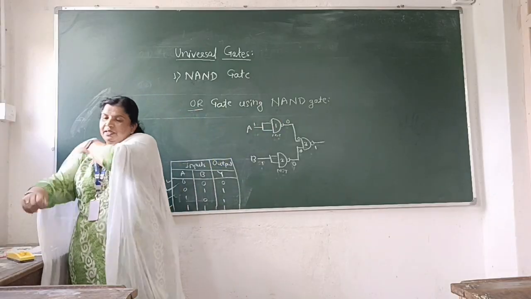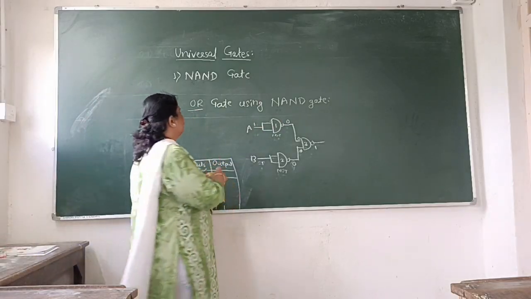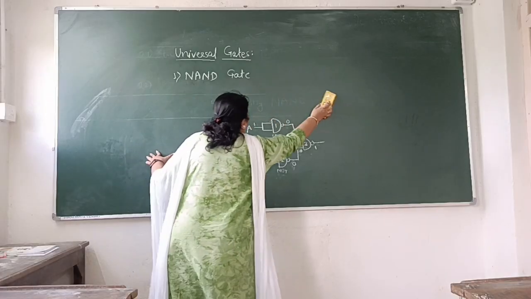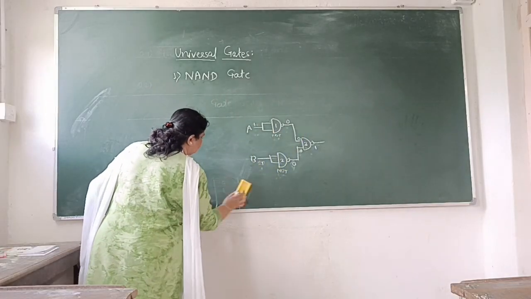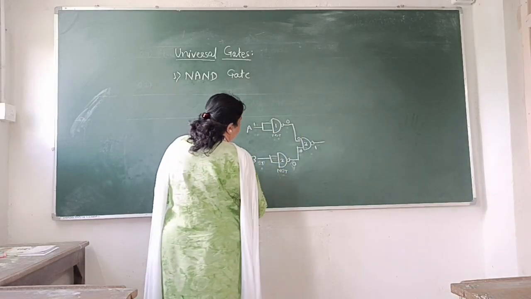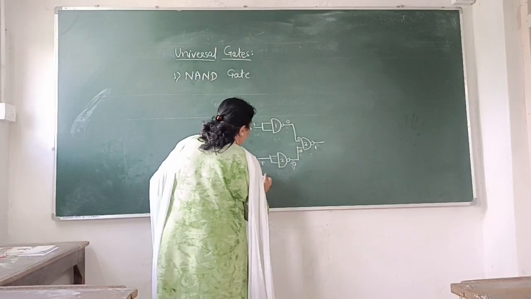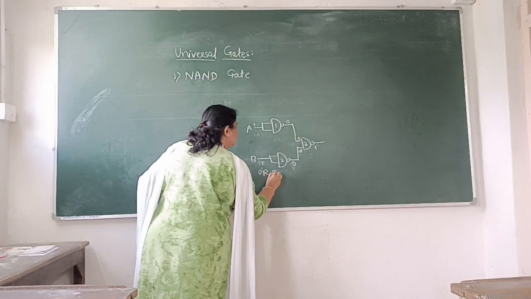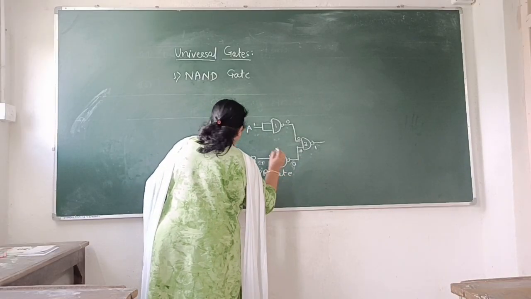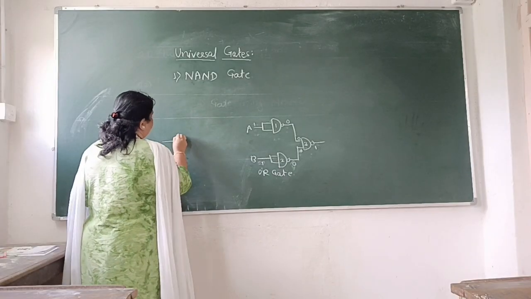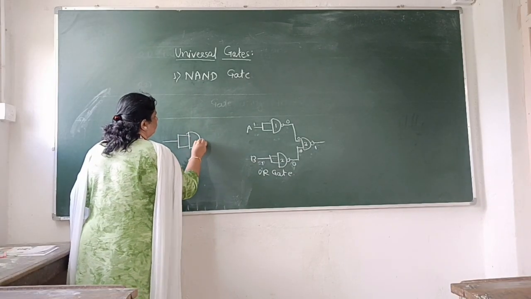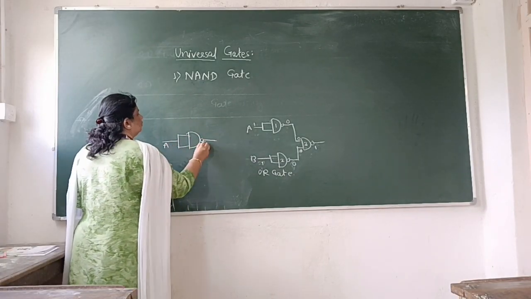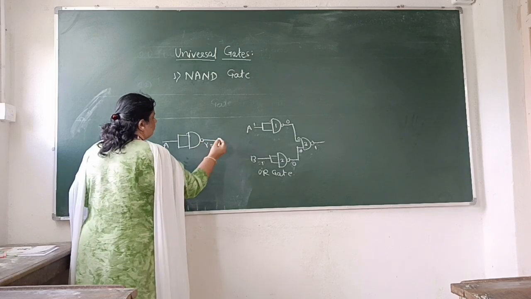Okay. So for summary we can have a look. So here this is the structure of OR gate. The first structure I will draw again. I will repeat here. A bar.